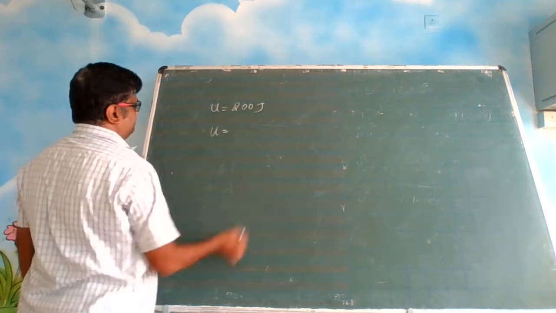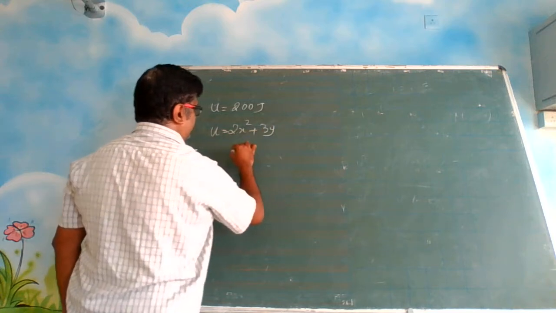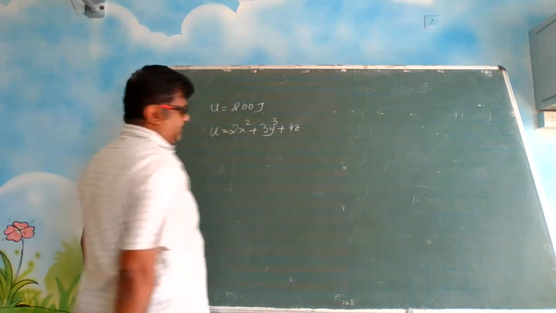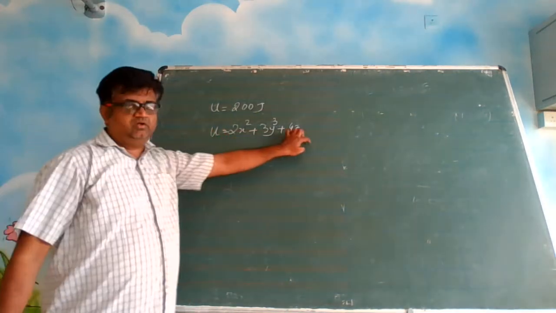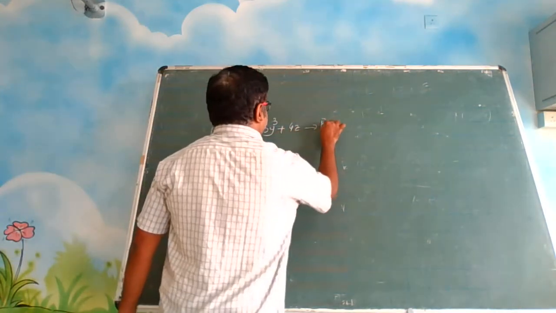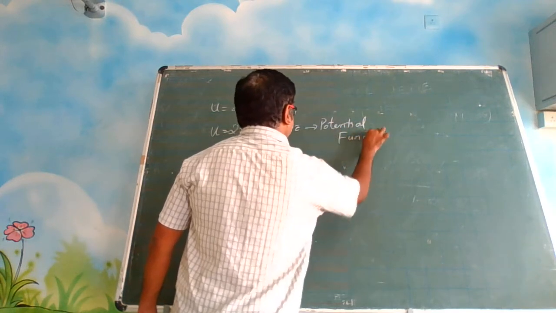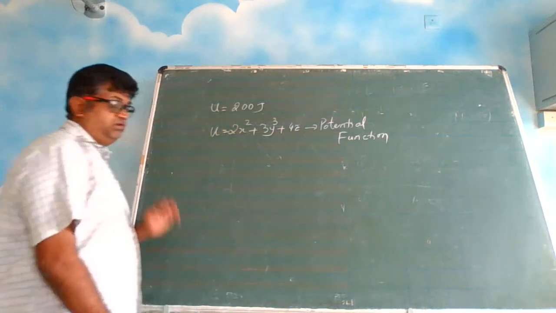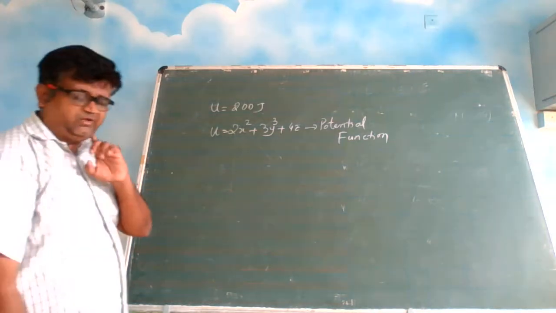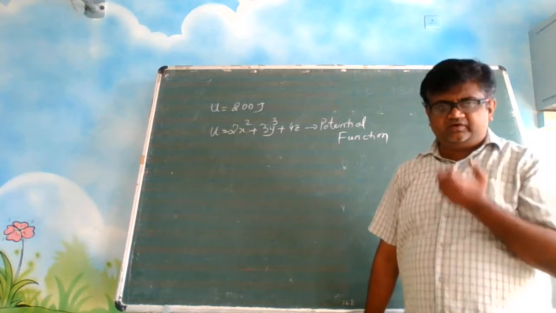Suppose I give you an expression like 2x square, 3y, 3y2, 4z, like this. I give something. What is this called? This is called potential function. Sometimes the potential function is given and they ask you to calculate the force, meaning conservative force.